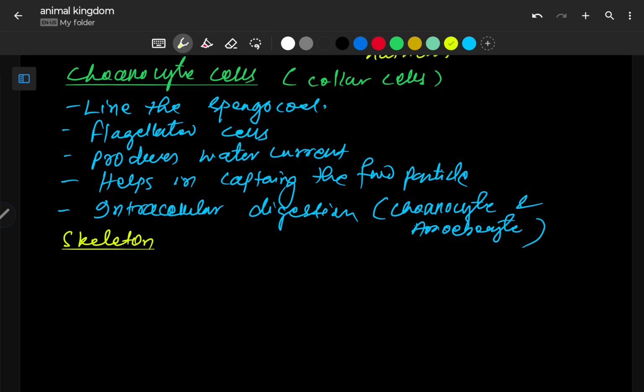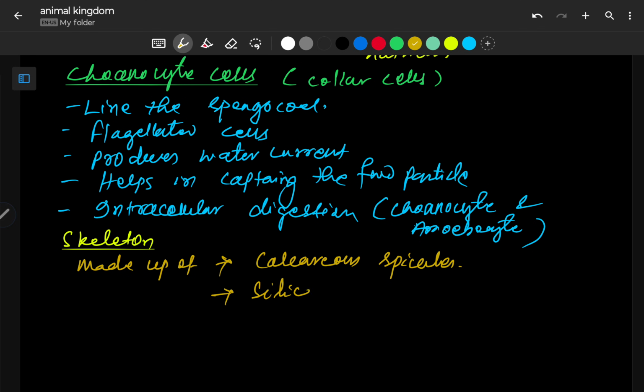Okay, so the skeleton is made up of calcareous spicules and siliceous spicules, and besides that they are having spongin fiber.